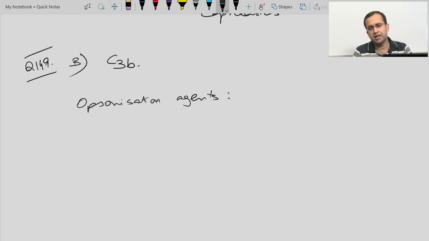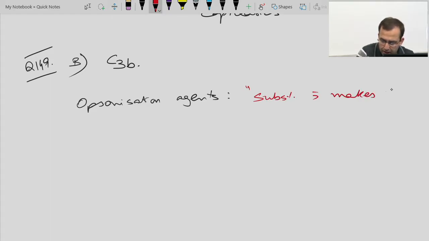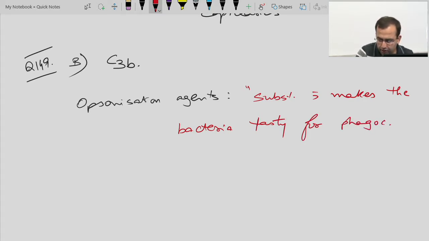They are the substances which make the bacteria tasty for phagocytosis. This is not my language, this is what Robbins says.